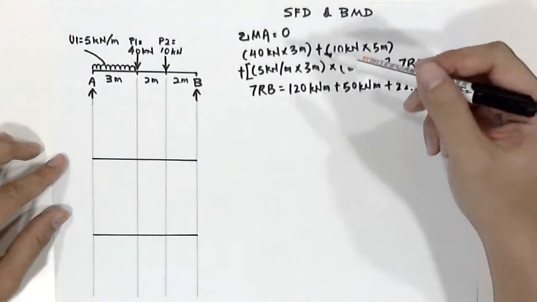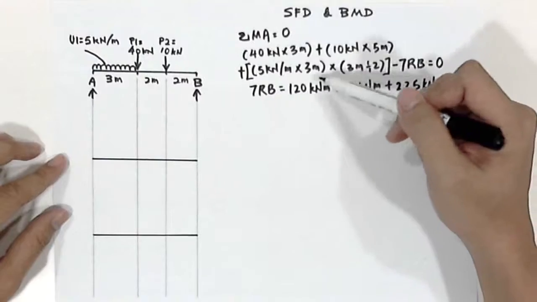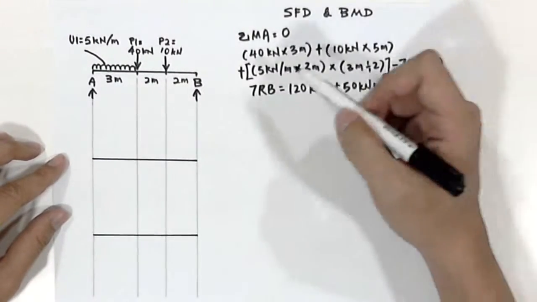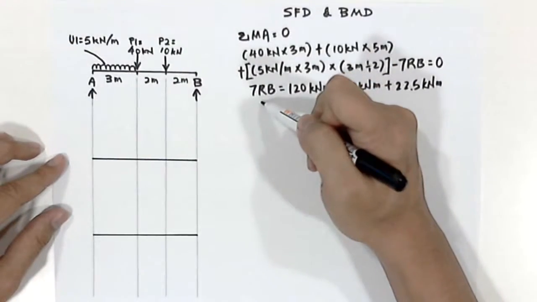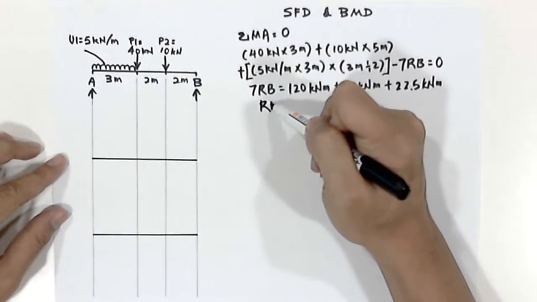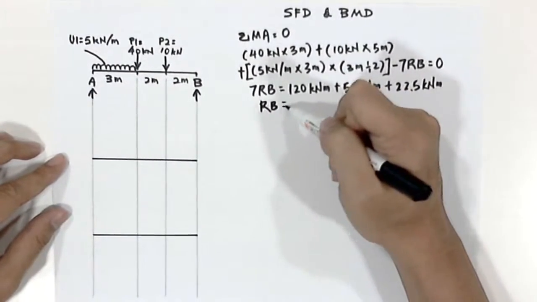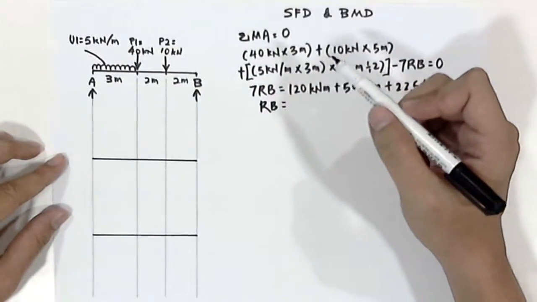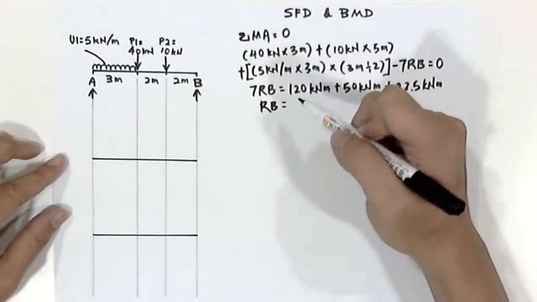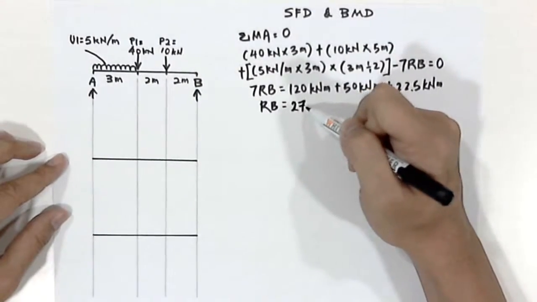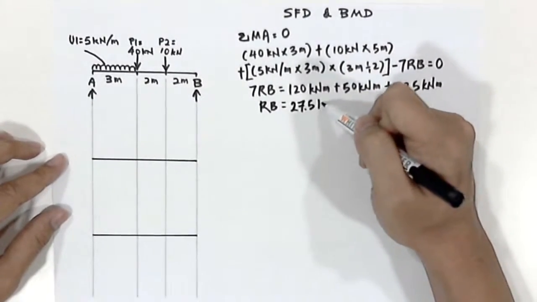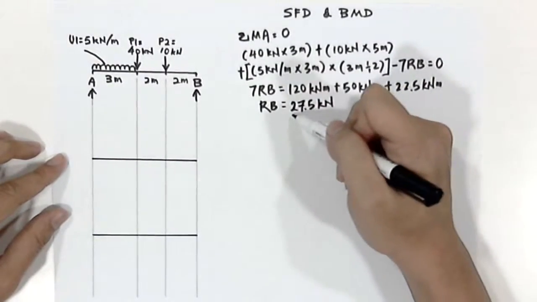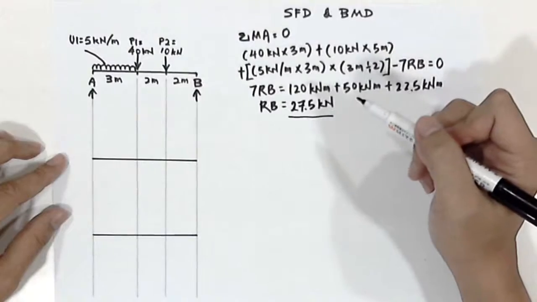Remember that you should always write down your dimensions, so that you will not get confused. Later, you get RB by factoring out the number 7. Therefore, you get RB as 27.5 kilonewton. Okay, so now we have our RB.